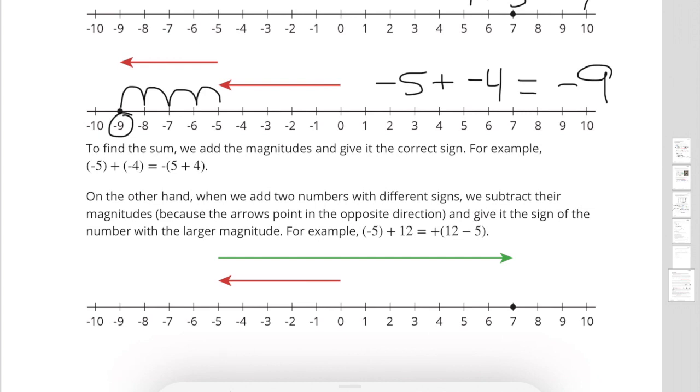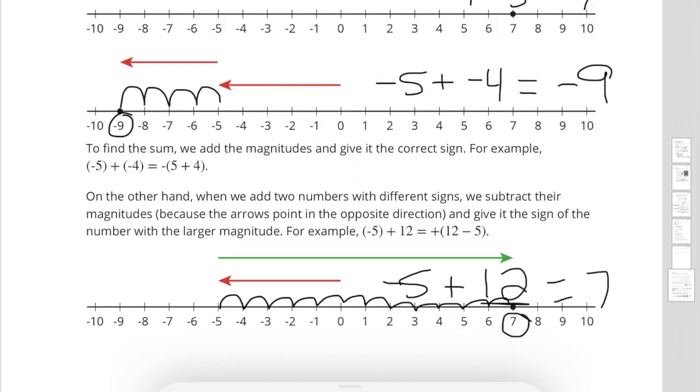So if this represents negative 5 plus, we see it moves 1, 2, 3, 4, 5, 6, 7, 8, 9, 10, 11, 12. It moves 12 spaces to the right, so it's negative 5 plus positive 12. So you see we land at positive 7 because 12 is a larger number than 5. Therefore, it takes the sign of the larger number. So since 12 is larger than 5, our answer is a positive number.